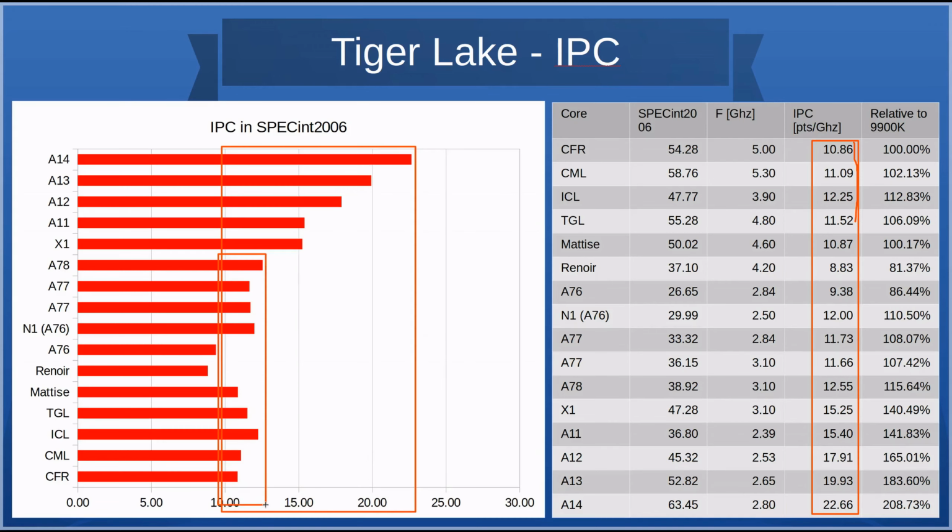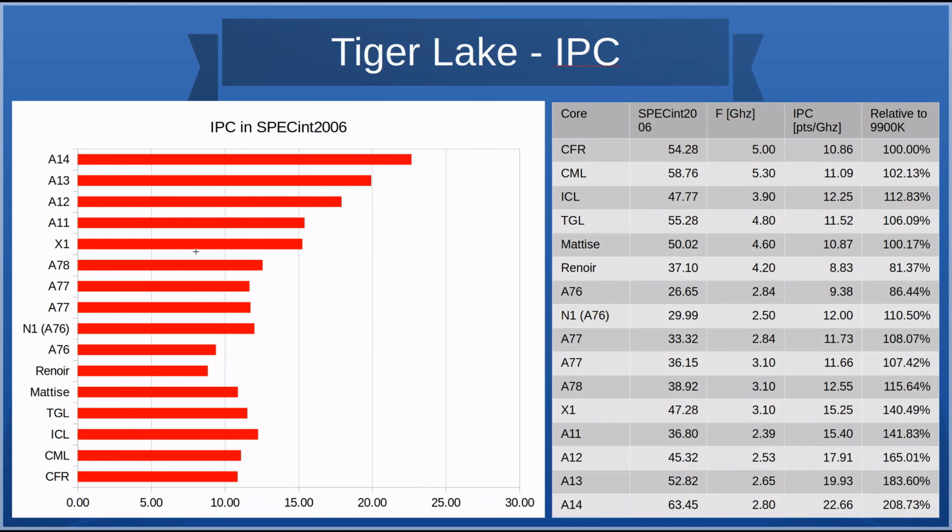It's pretty interesting, this area, because this area is kind of desktop class. You can see here the Coffee Lake Refresh, and Comet Lake, which is a little bit faster, but there is also Zen 2 here.